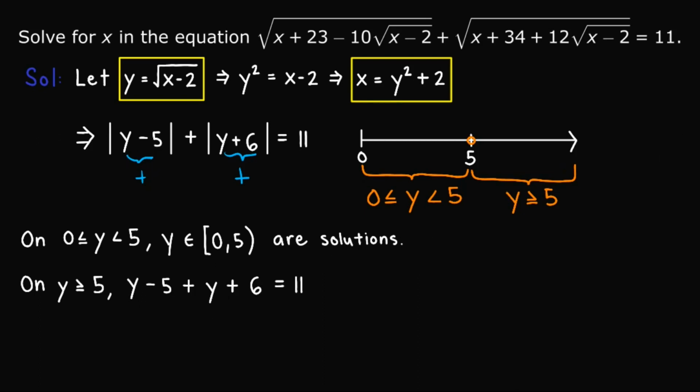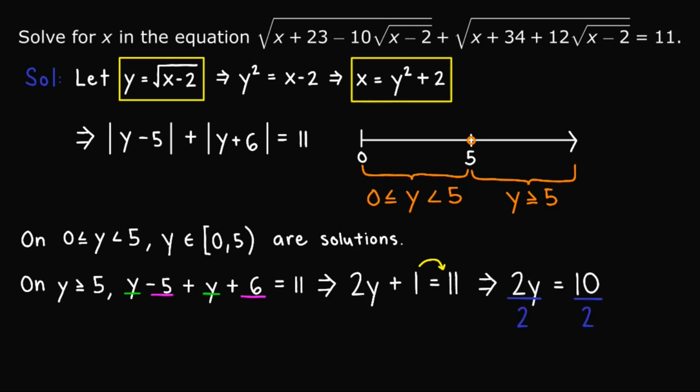Simplifying this, we can add the y's and the constants to get 2y plus 1 equals 11. Move 1 to the right and we get 11 minus 1, that would be 10. Divide both sides and this gives us y equals 5.